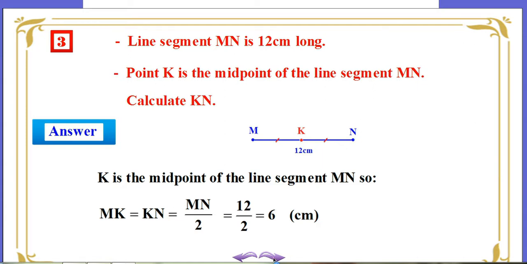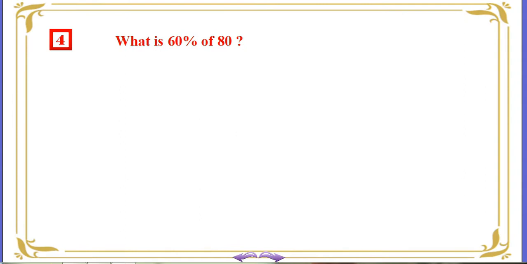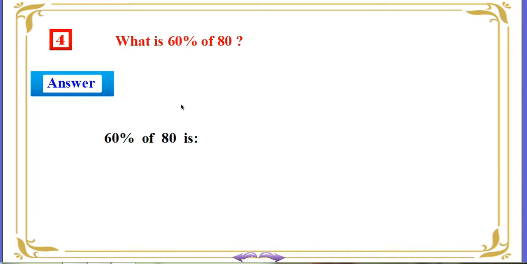We go to exercise 4. What is 60% of 80? The answer is 60% of 80 is. Now we only replace this word of by the multiplication. Then you have 60% multiplied with 80.